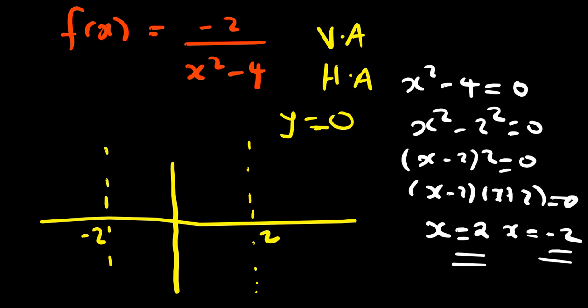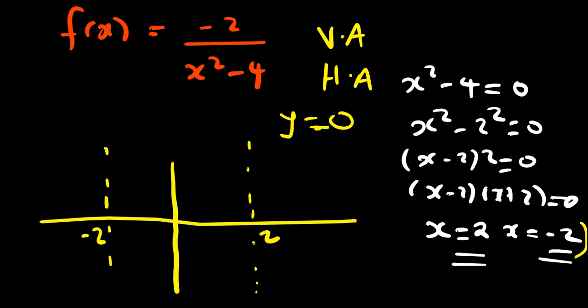You are going to come up with a table of values for x plus 2 and x minus 2, like we did earlier, and the signs that you get will determine the way the graph will move, okay? The way the graph will move.